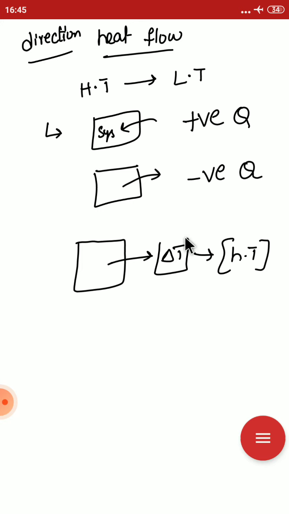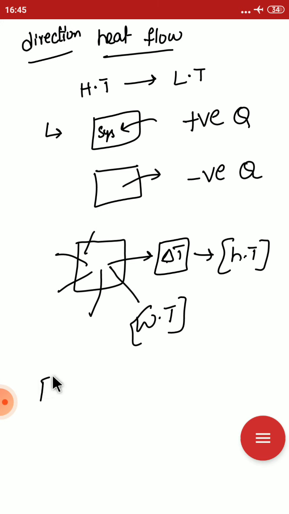Where there is a temperature difference between two systems, and energy transfer takes place, it falls under heat transfer. Any other form of energy transfer is named work transfer. So finally, energy is transferred in only two ways: one is work transfer, the second is heat transfer.